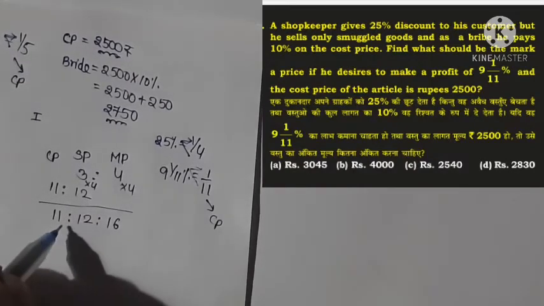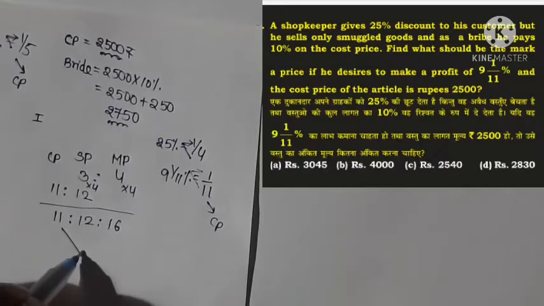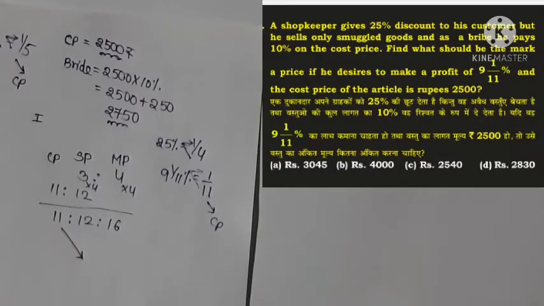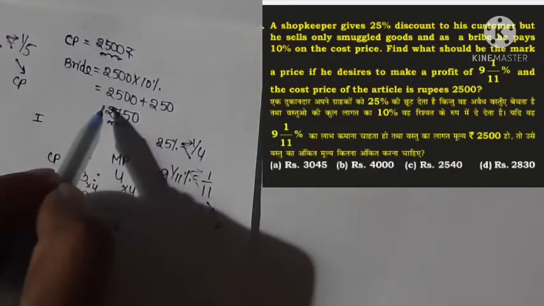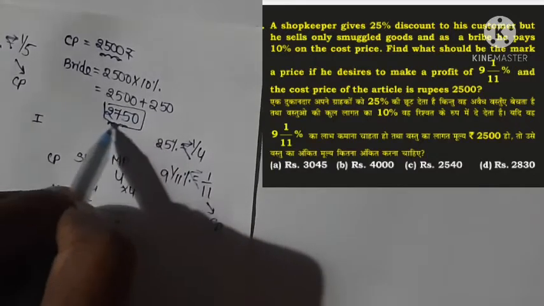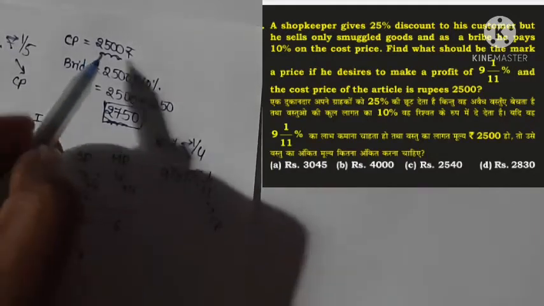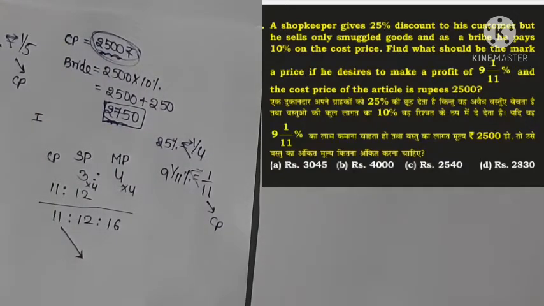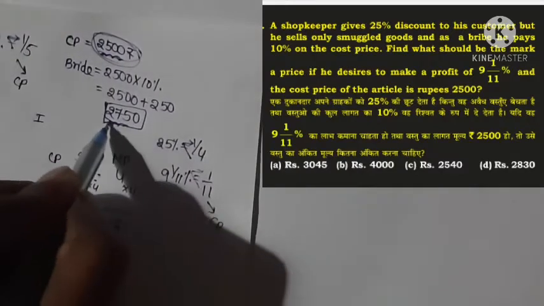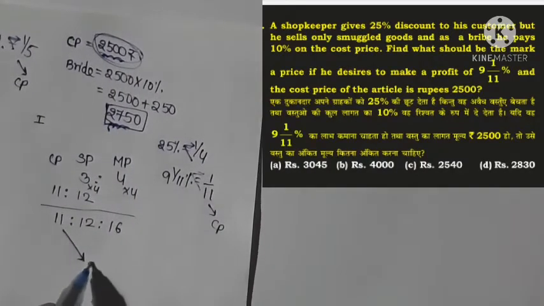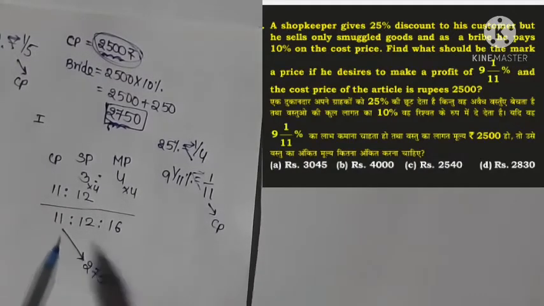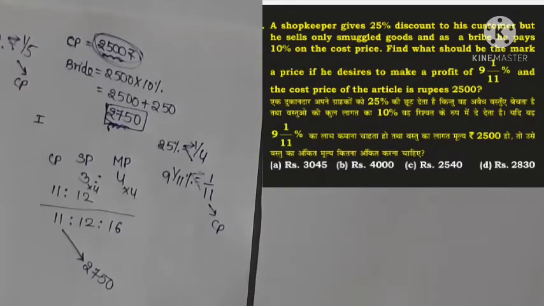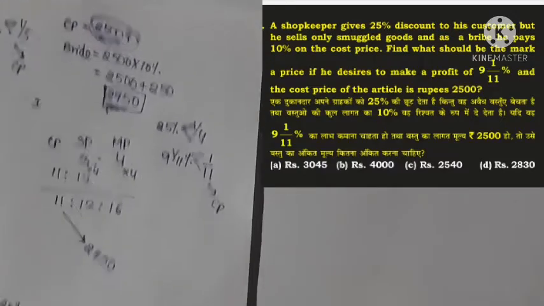Here the cost price is 11 units. 11 units represent 2750, so not 2500. See, the actual cost price is 2750, so 11 units represent 2750.